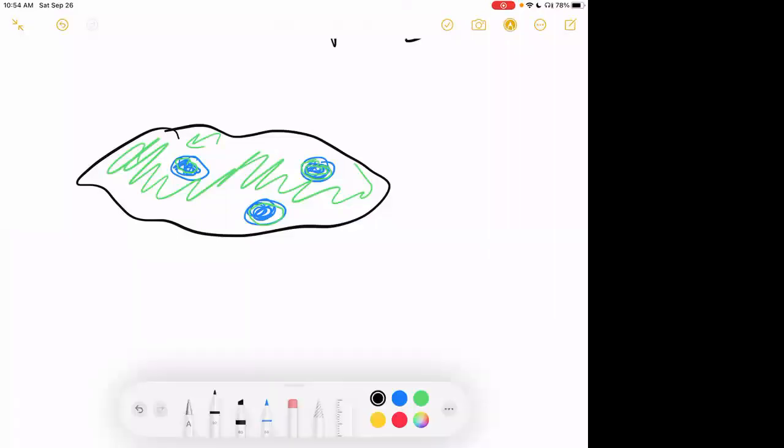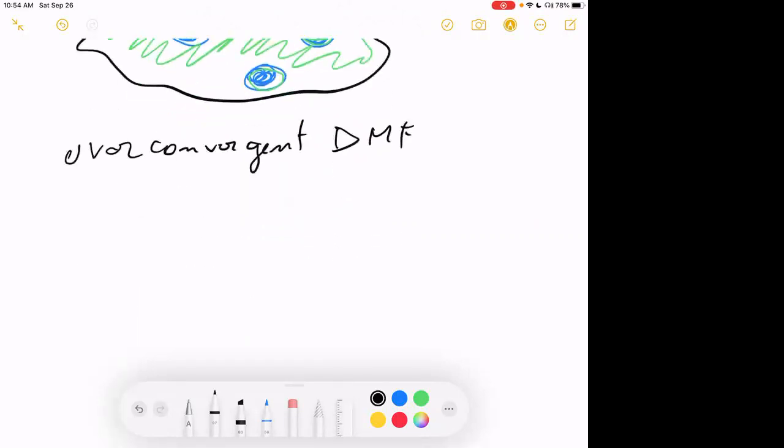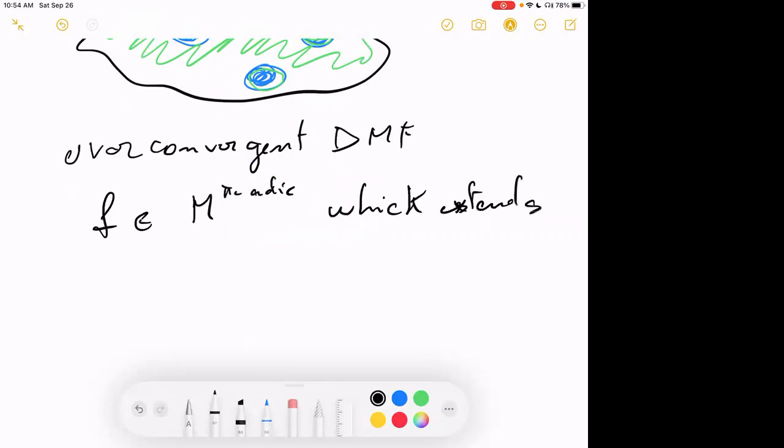So we consider overconvergent Drinfeld modular forms. These are nothing else than p-adic modular forms which extend to some supersingular annuli.